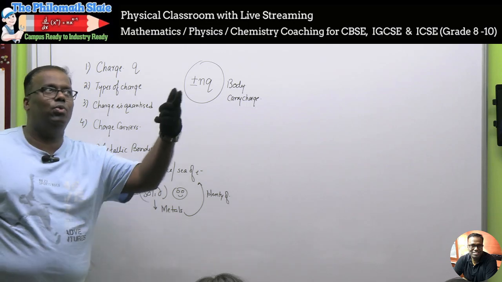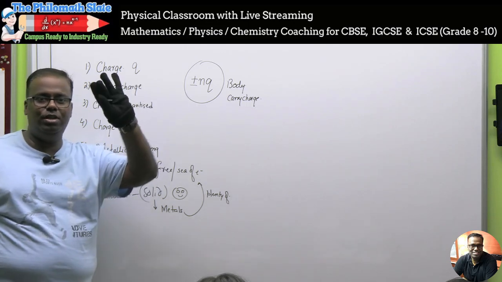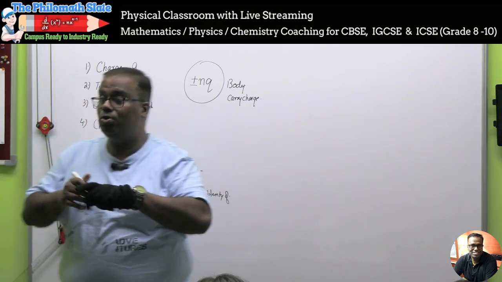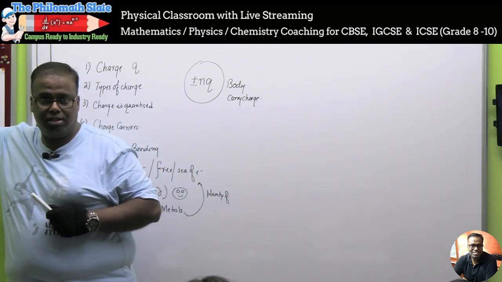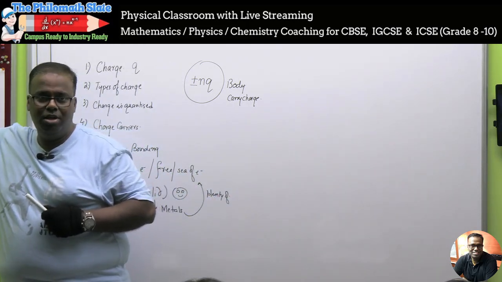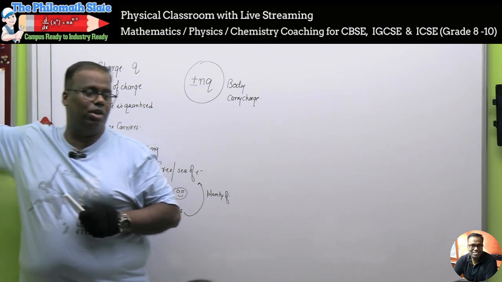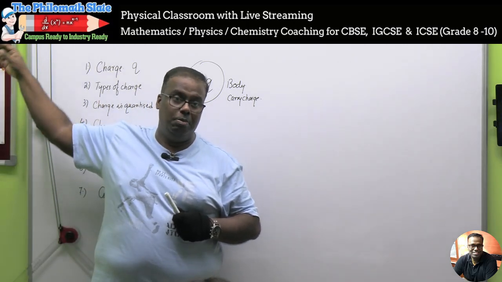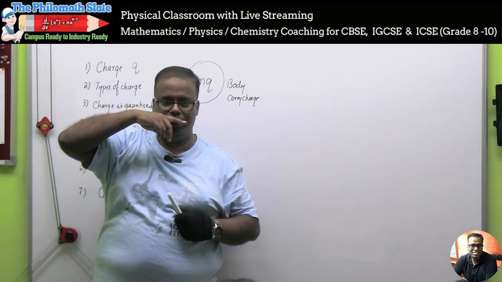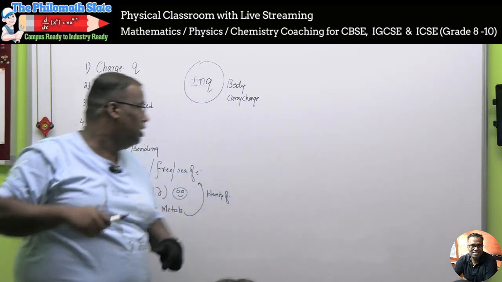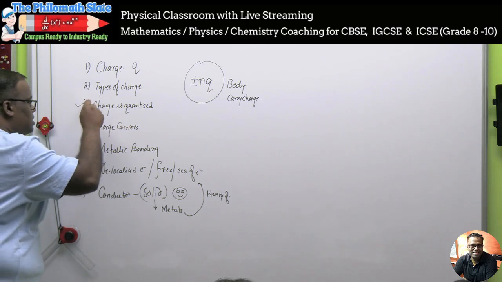Sodium has 11 protons and 11 electrons. When you see sodium in that beautiful shadi.com chart, that is the periodic table, how many electrons does sodium have? 11. How many protons? 11. Neutral. But this fellow will lose 1 electron, so it becomes charged. So charge is quantized. Zoe, did you understand?